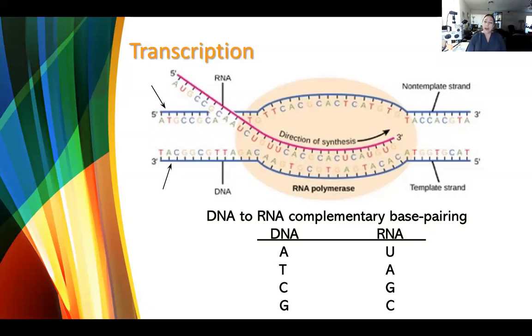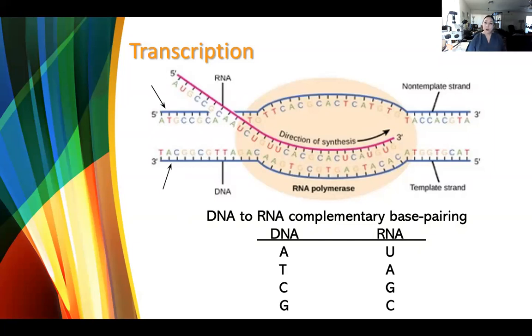Now, DNA is going to separate in one little area. It's kind of like a transcription bubble. So remember that during DNA replication, the DNA strands fully separated and then daughter strands were made, right?